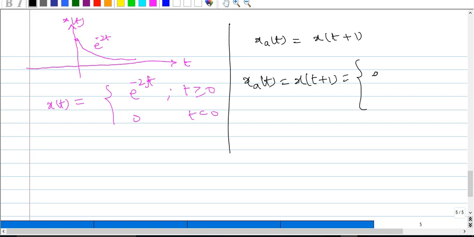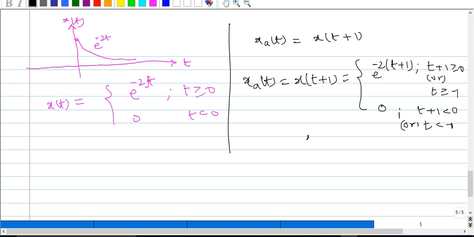So this will be e to the power minus 2 of t plus 1 when t plus 1 is greater than or equal to 0, or t is greater than or equal to minus 1, and it will be 0 when t plus 1 is less than 0, or t is less than minus 1, okay.